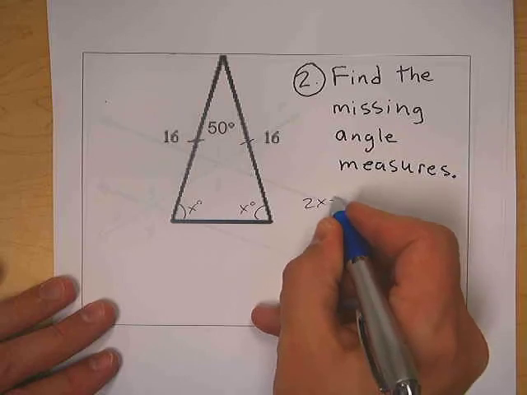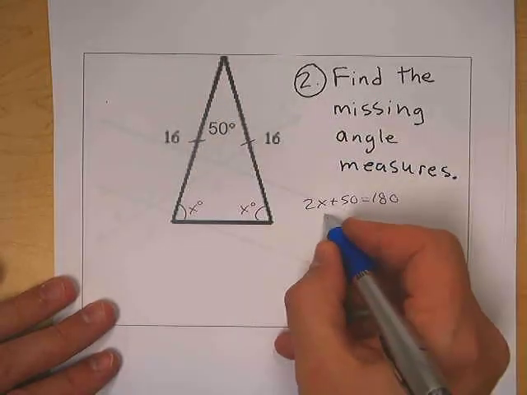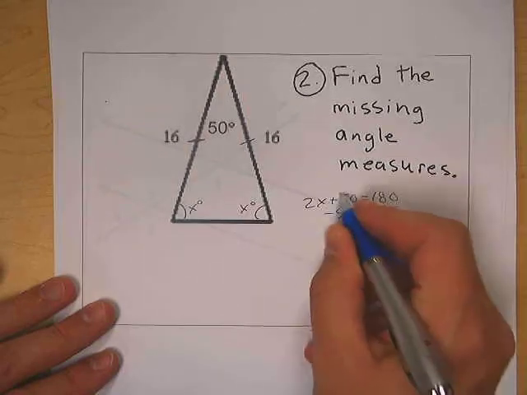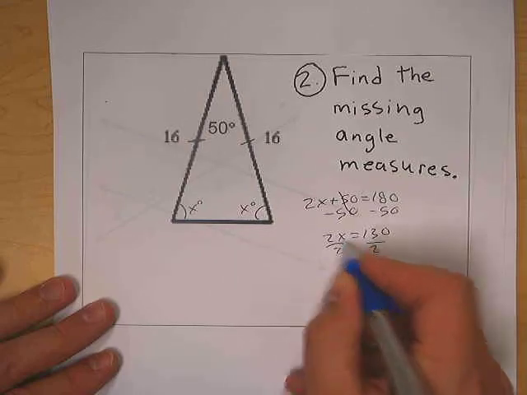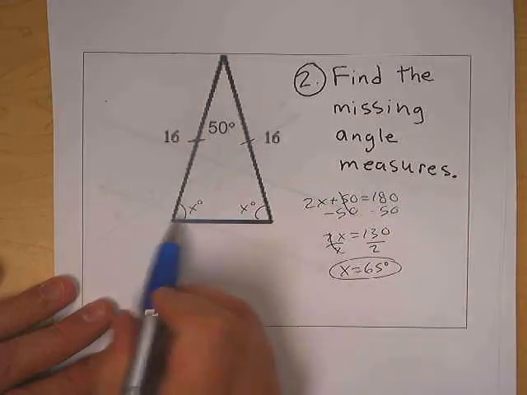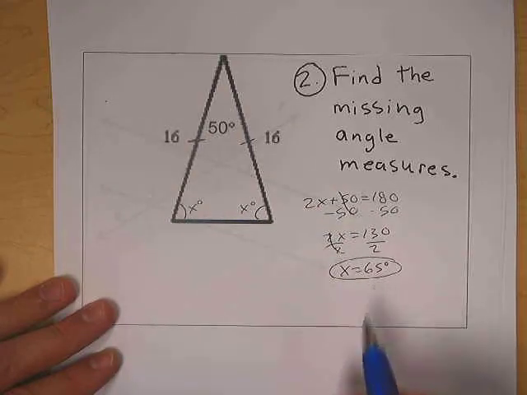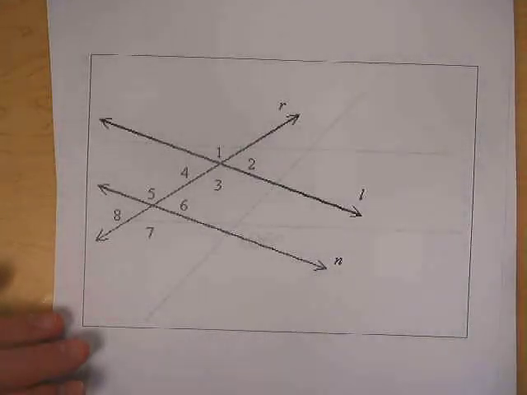So I could take 2x plus 50 equals 180. Once I subtract that 50, I'm left with 2x equals 130, and I divide by 2 and get x equals 65 degrees. So both these angles must be the same. In this case, they're going to be 65 degrees.